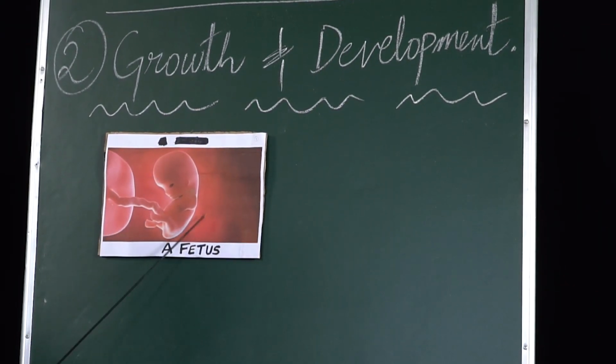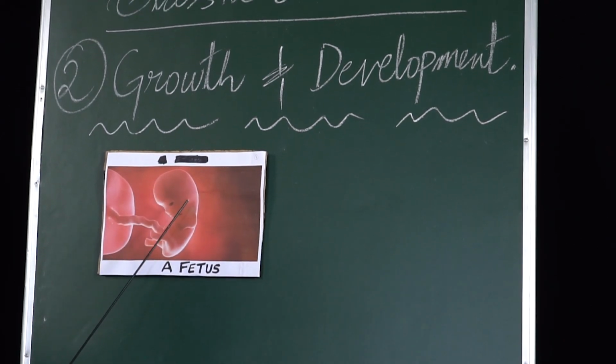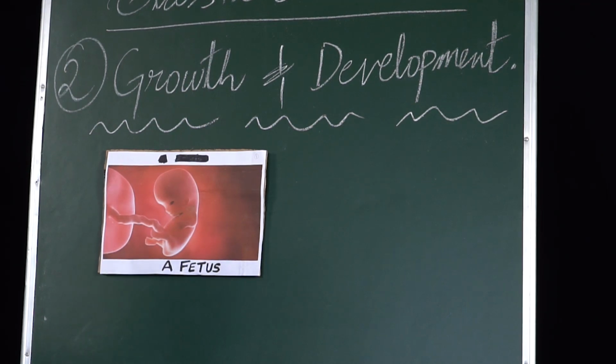So here, the fetus is not a fully grown child. After he's born into this world only, certain body features will develop. But right from the time that we are in our mother's womb also, the head portion will develop first. And then it will spread to the other parts of the body. Okay, so the head is a little big if you look into the picture, right?